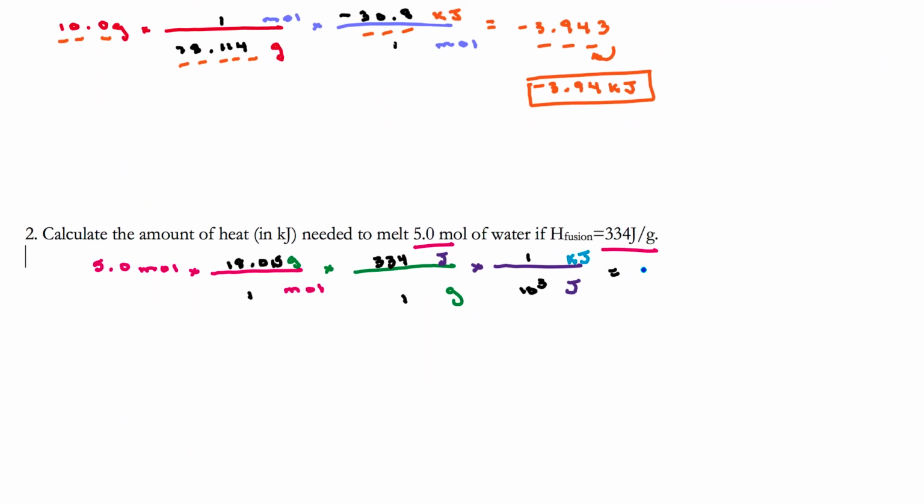So when I do this, I get 30.08. Okay, I need to round to the correct number of sig figs. Well, 5.0 has 2 sig figs. This has 5. This has 3, so I need 2 sig figs here. So I'm going to keep 3 and the 0. So when this rounds, it's going to round to 30, so that I have 2 sig figs, and my units are kilojoules.